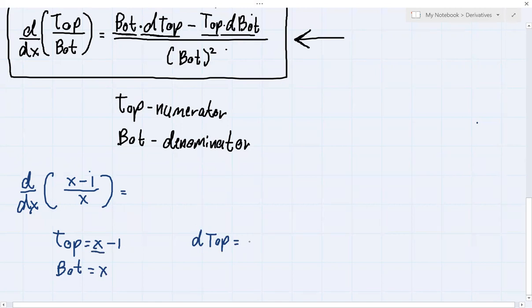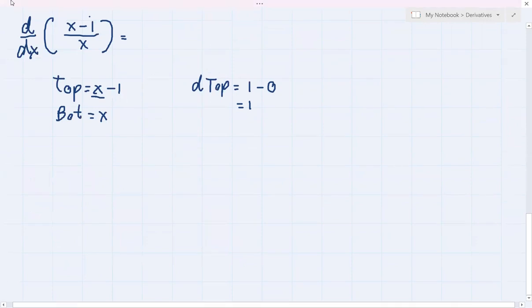The derivative of x is 1. The derivative of negative 1 is 0. Therefore, your d top, or derivative of top, is 1. Next, let's get the derivative of the bottom, d bot. The derivative of x is 1.